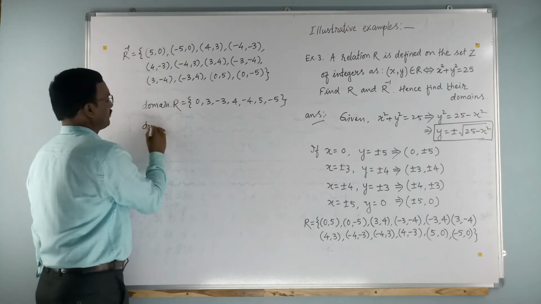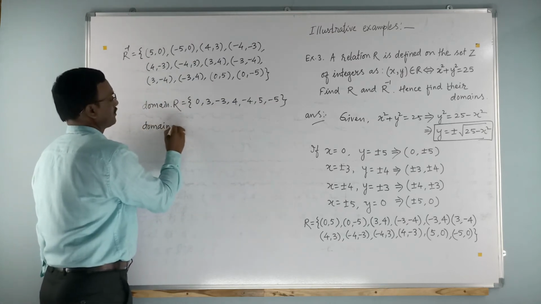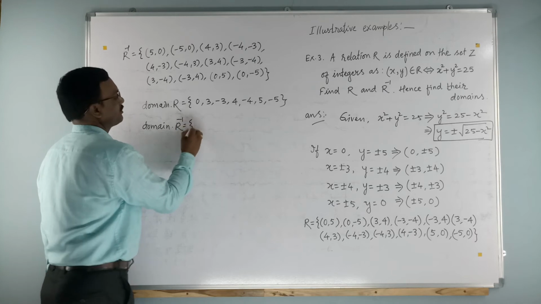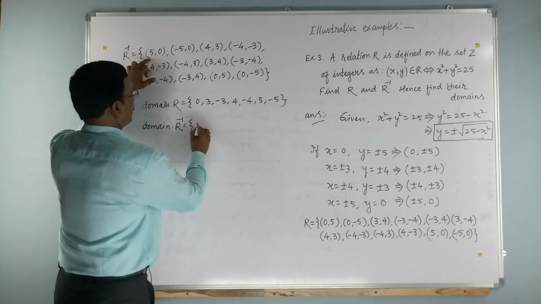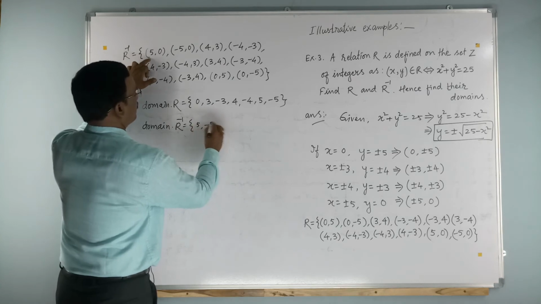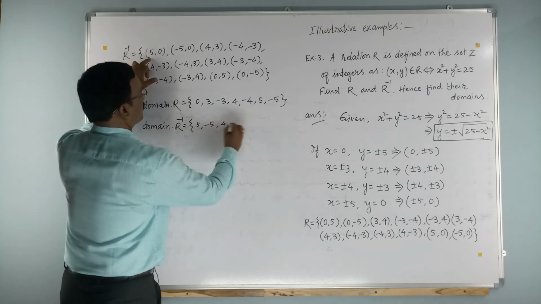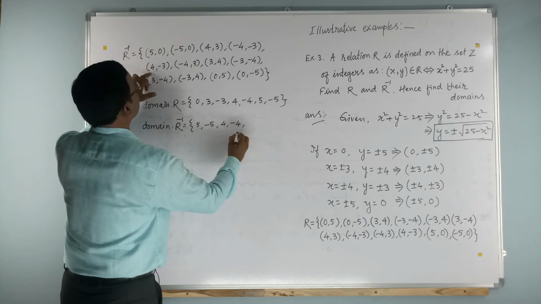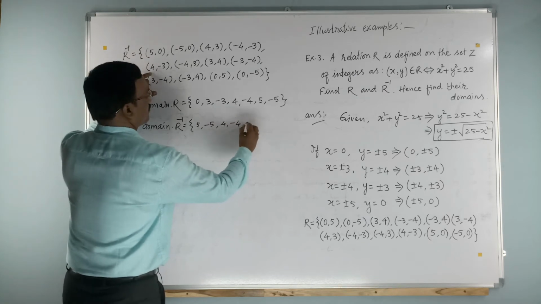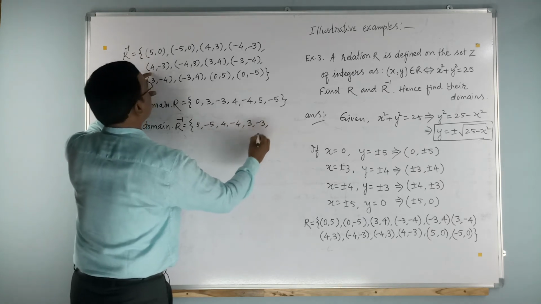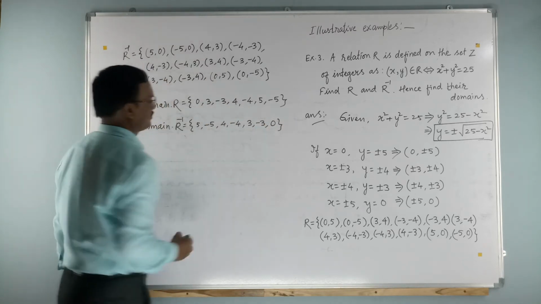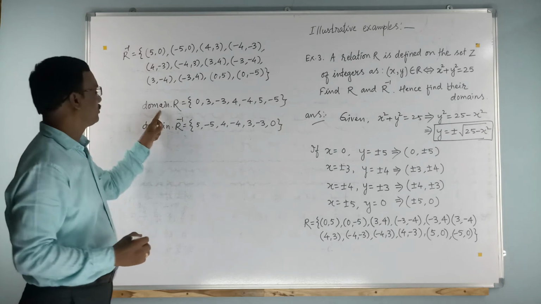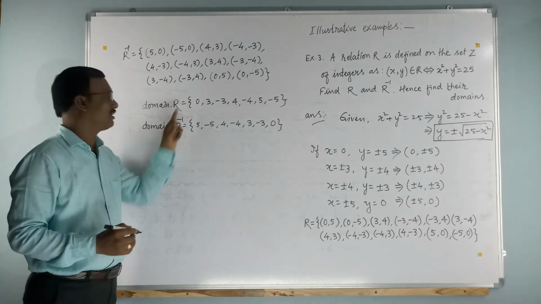And domain of R inverse will be 5, minus 5, 4, minus 4, 3, minus 3 and 0. So these are the domains of R and R inverse.